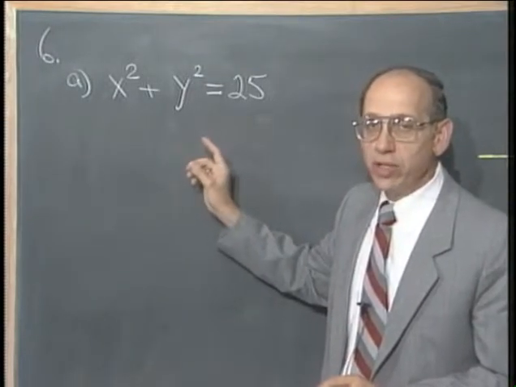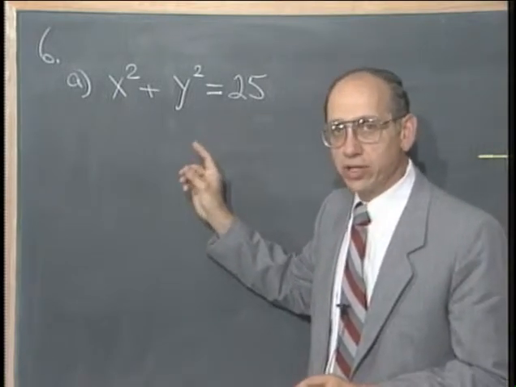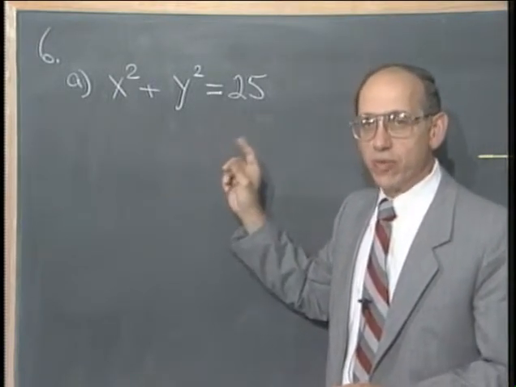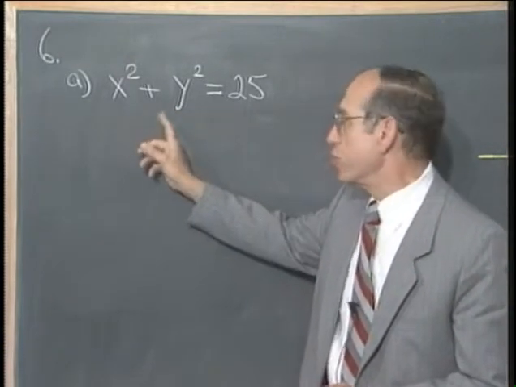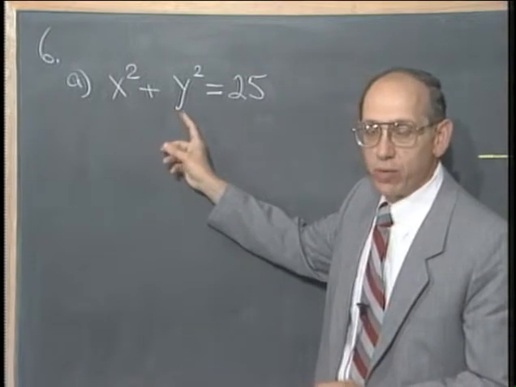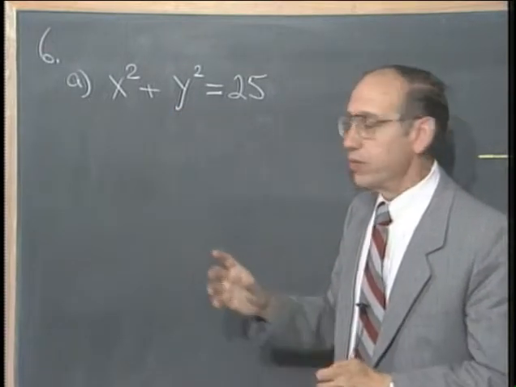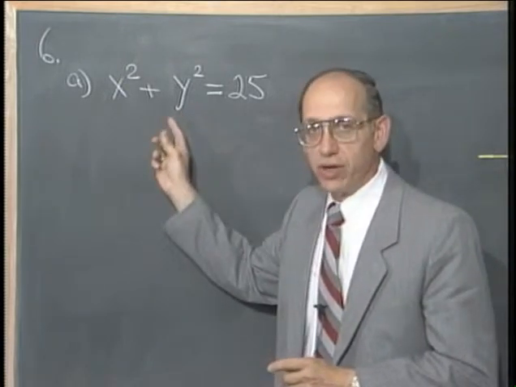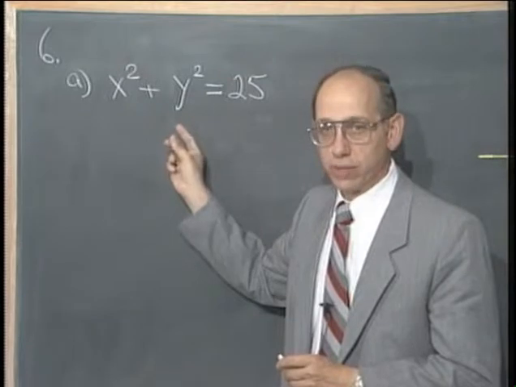But if we're going to use implicit differentiation, what we must keep in mind at all times is that we really have y as a function of x. So when we look at y squared, we're really looking at some function of x squared, which means if we take the derivative, we're going to have to use the extended chain rule.